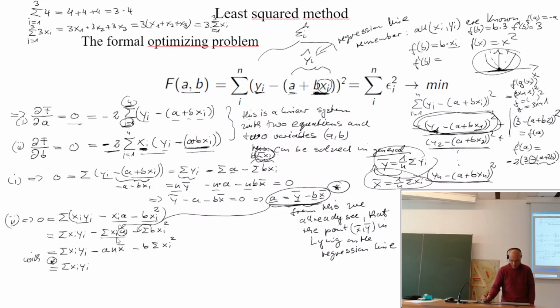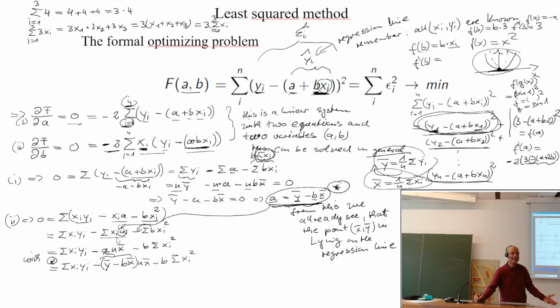So we obtain sum x_i y_i, and now we put in for a: y bar minus b x bar, this is a, times n x bar and minus b sum x_i squared.